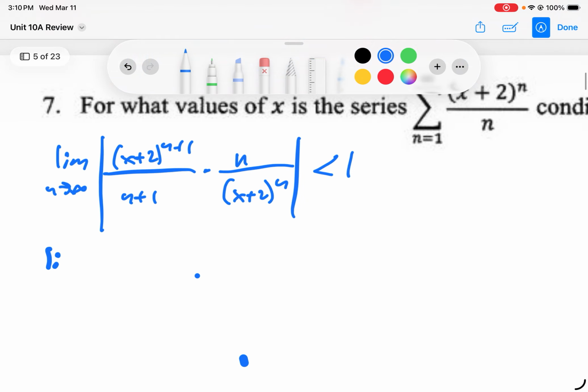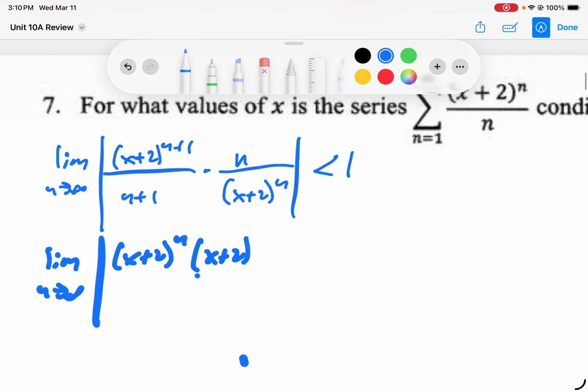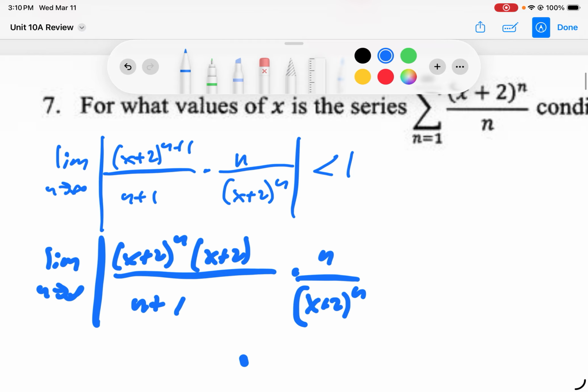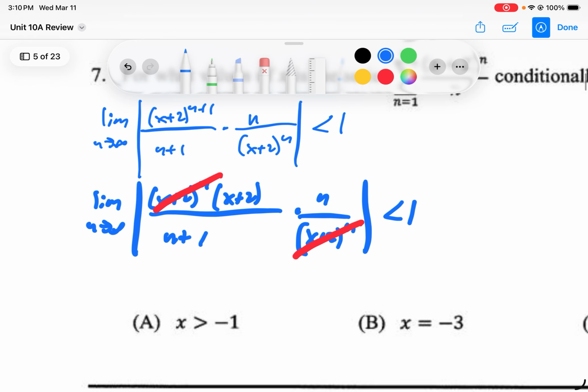So we rewrite: the limit as n goes to infinity of (x plus 2) to the n plus 1 times n over (x plus 2) to the n times (n plus 1). I'm going to force that to be less than 1, and that will make it converge. At this point, those cancel. I'm going to rewrite this limit as n times (x plus 2) over (n plus 1).